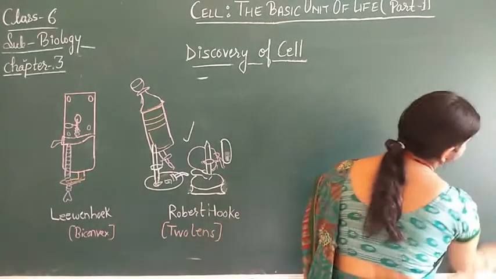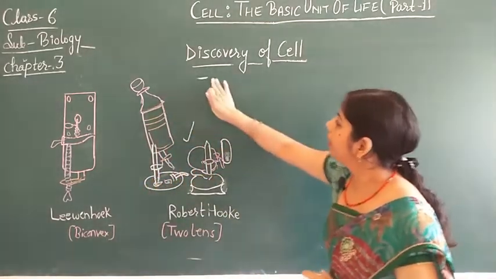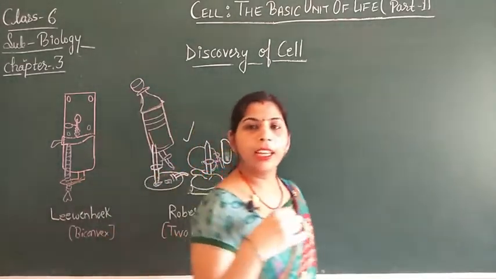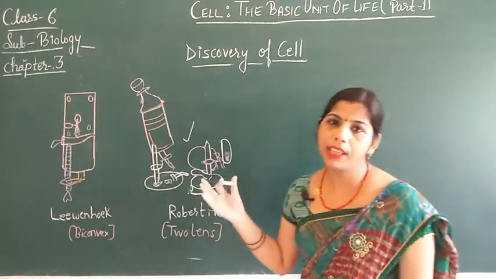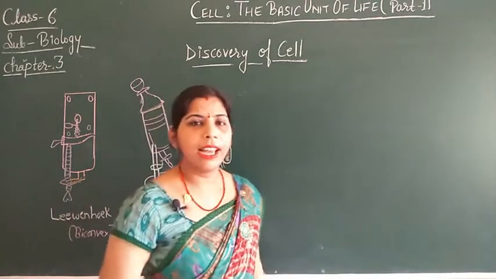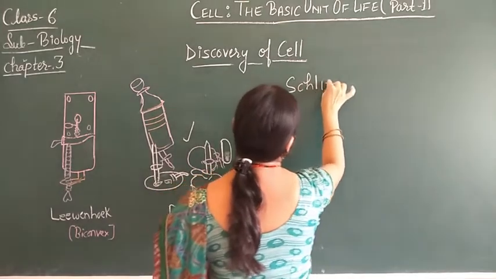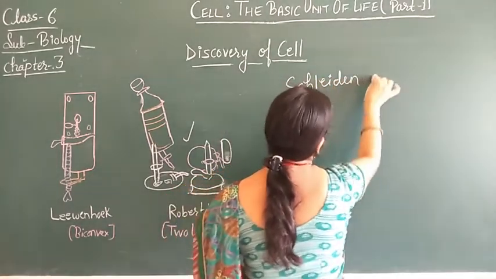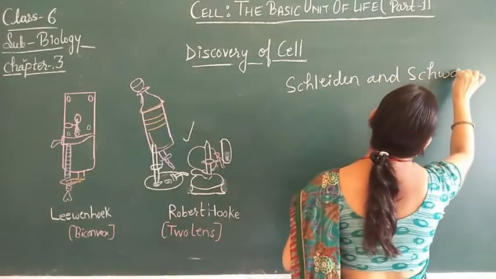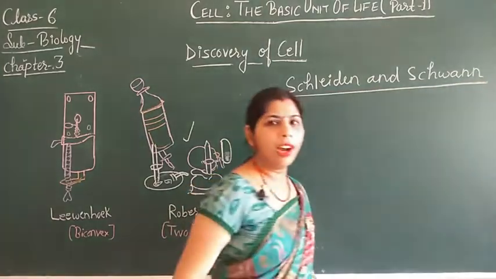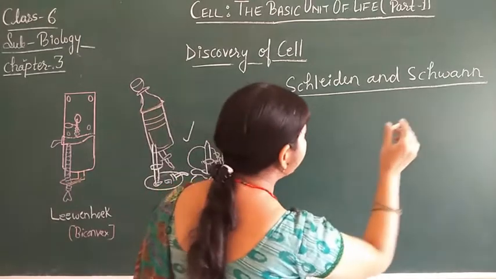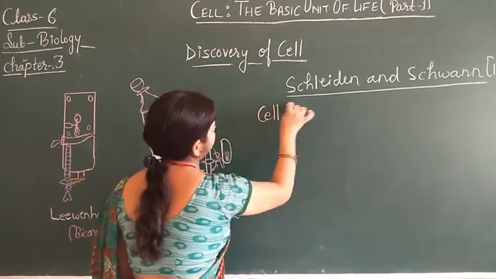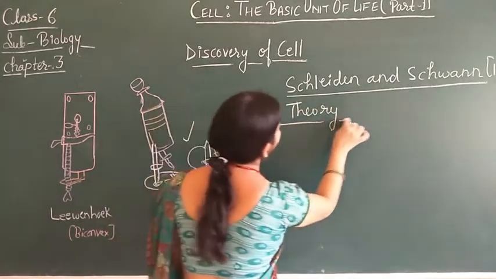After some time had passed, there were improvements in the cell studies and in technology, and two scientists, Schleiden and Schwann, came into the field of cell theory in 1838. Schleiden and Schwann gave the cell theory.